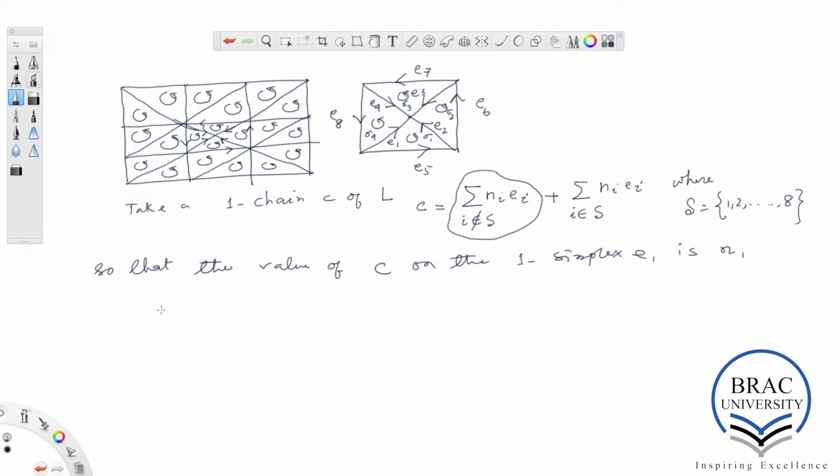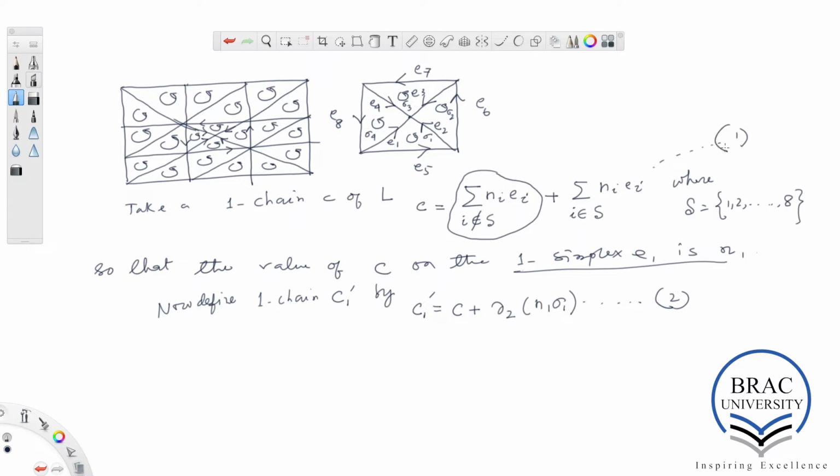Now define the 1 chain C1 prime by the following expression. C1 prime is equal to C plus del 2 of N1 times sigma 1. This is our equation number 2. This is our equation number 1. Okay, we know what N1 is.